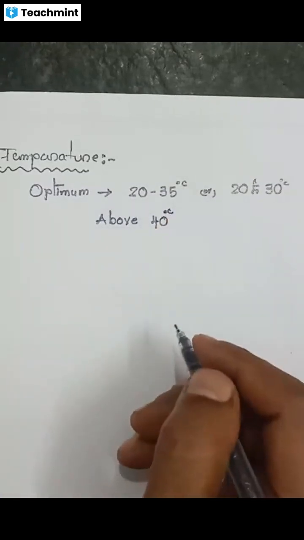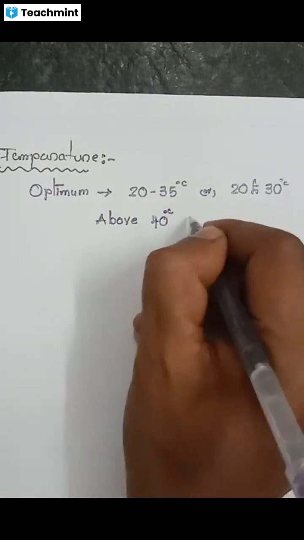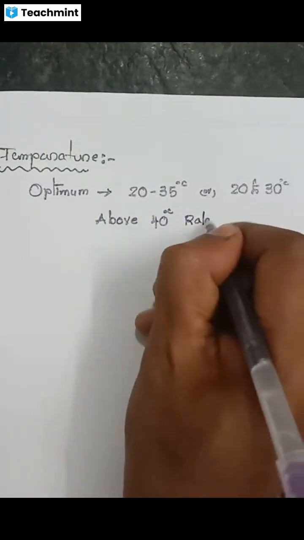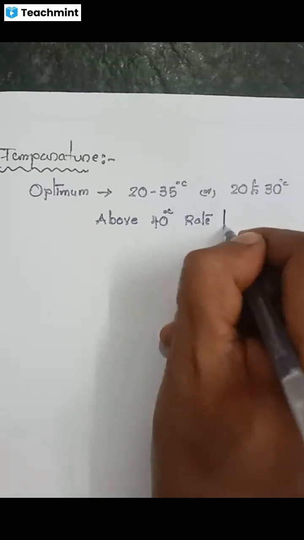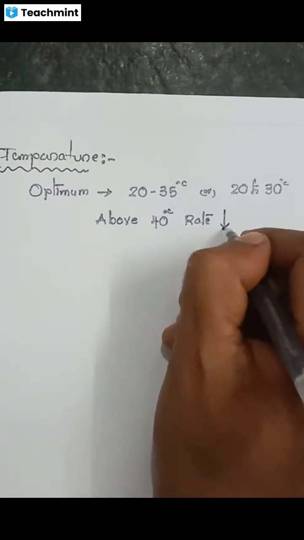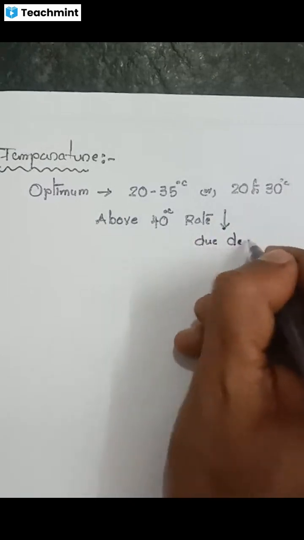Above 40 degrees, the rate of photosynthesis is decreased due to denaturation of enzymes.